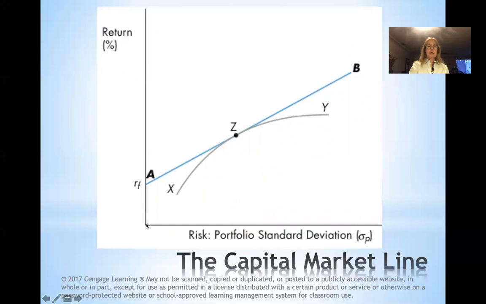So what this is saying is if you invested in a CD, for example, a certificate of deposit, you would make the risk-free rate, no risk at all. Now, if you're going to take on risk, you would increase your return. And so this Z here, this is efficient. This is where you have this amount of return and this amount of risk.